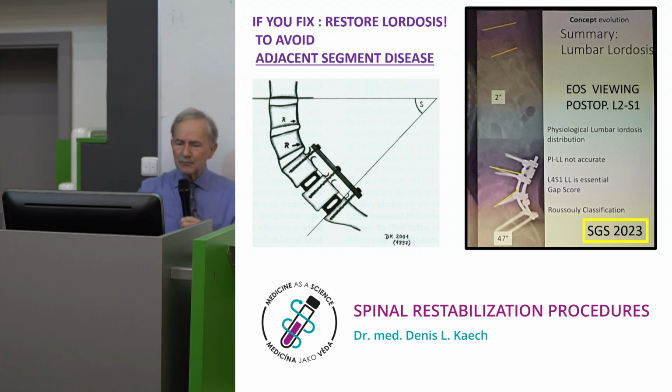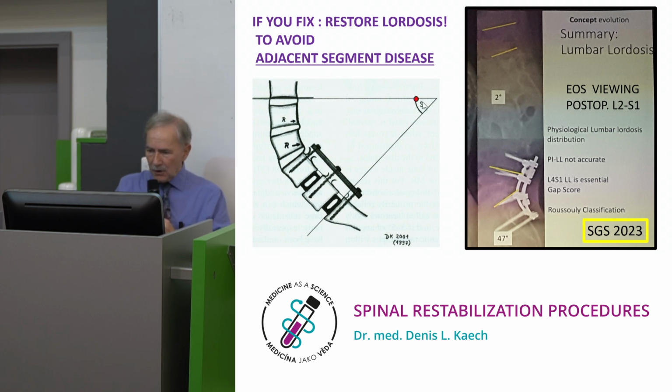It was already pointed out at the Discage meeting in '97 by John Brantigan, and I did this drawing for the book. If you do a straight fusion instead of lordosis, the upper segment will try to compensate and will rather go into retrolisthesis. And there are cases where you do big surgery in order to restore a proper lordosis, a proper balance to the spine.